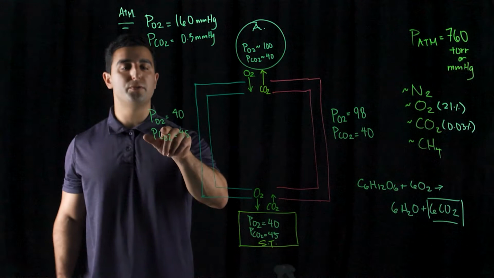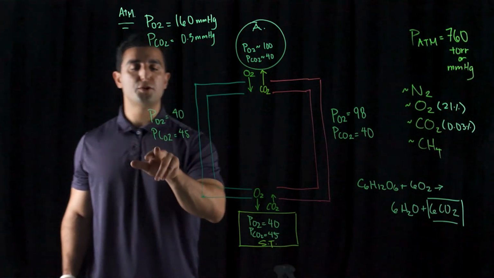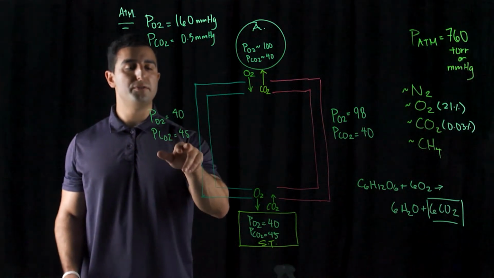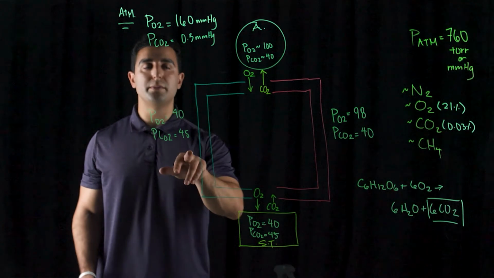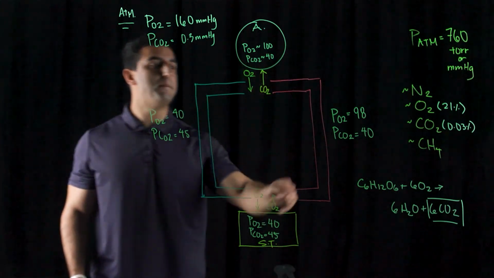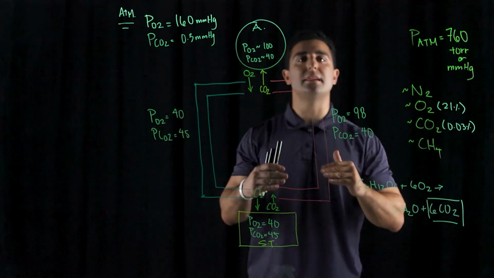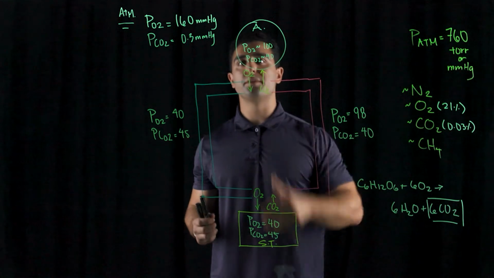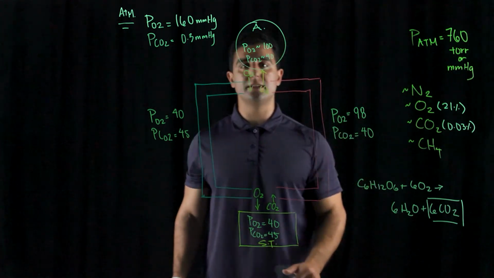Now you have a partial pressure of oxygen of 40 millimeters of mercury, and then you have a partial pressure of 45 when we're looking at the partial pressure of carbon dioxide, 45 millimeters of mercury, right? And this constant process is a passive process. And from this, you can see that there is a gradient that is created for the oxygen and carbon dioxide.